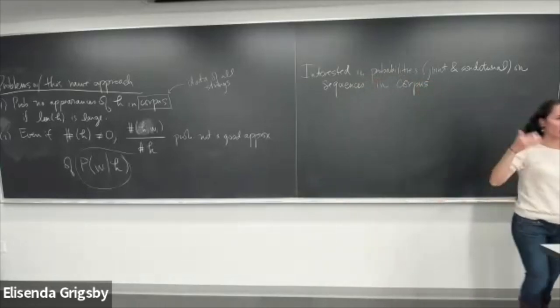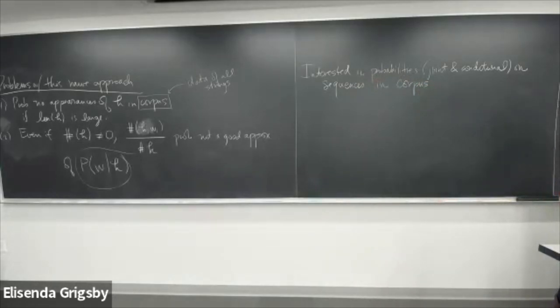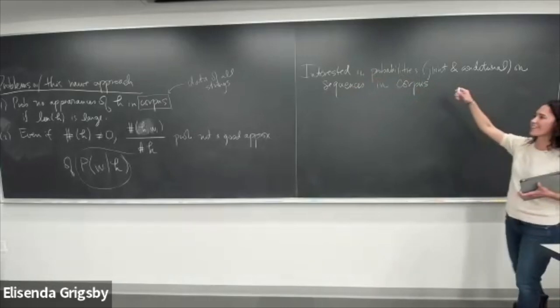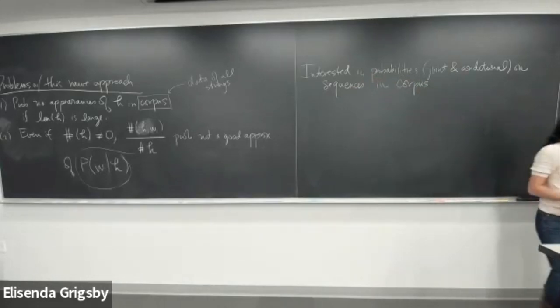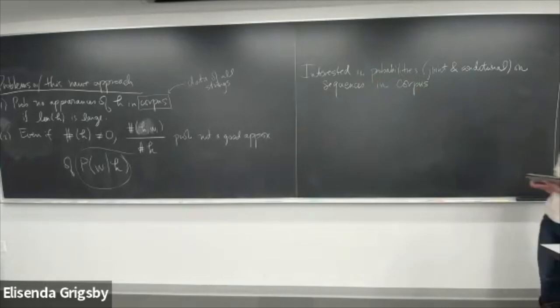So this is really what something like a transformer architecture is trying to model, that it's trying to get at something like understanding these probability distributions.